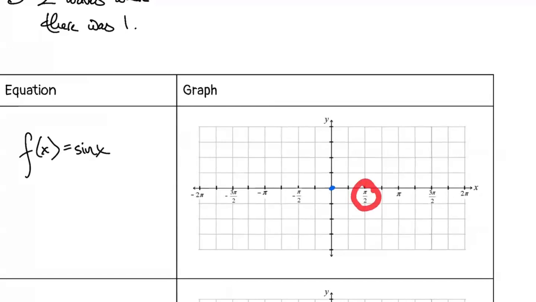When I go to pi over 2, what is the y value on the sine graph? You can look back at the examples we had earlier, but what is that y value when we get to pi over 2?